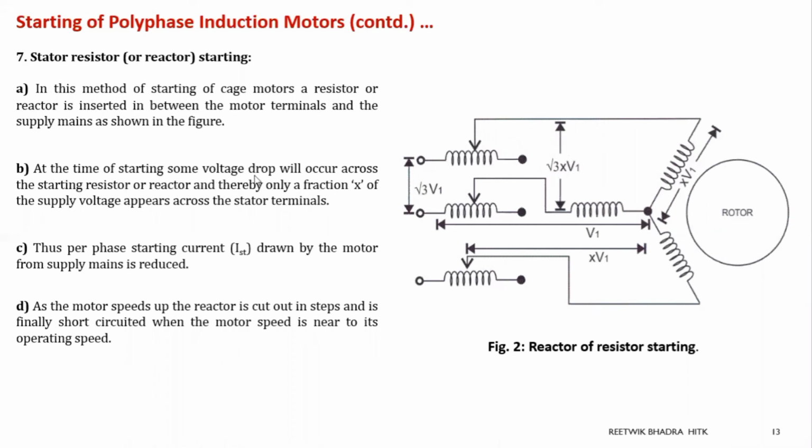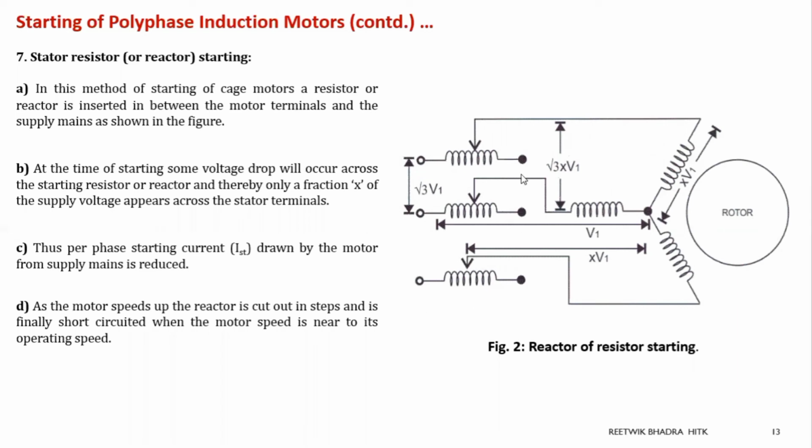At the time of starting, some voltage drop will occur across the starting resistor or reactor, and thereby only a fraction X of the supply voltage appears across the stator terminals. Now, as the motor starts reaching its original speed at full load, you can cut off this reactor.